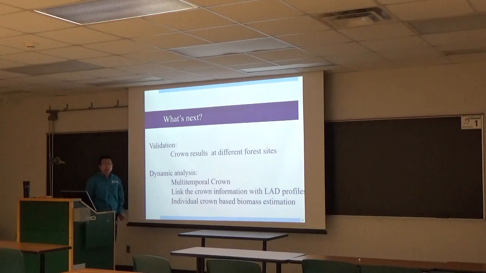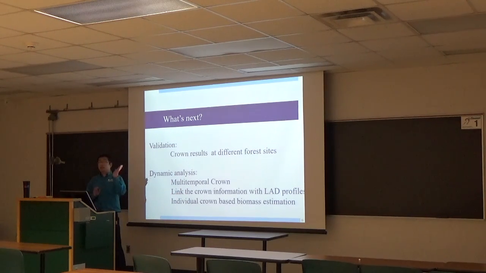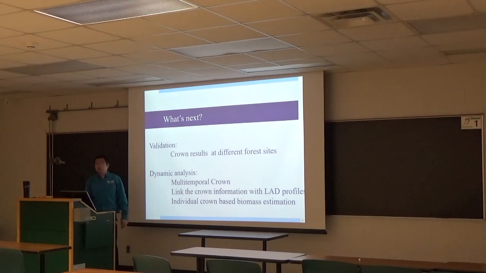I also want to link the individual tree crown information with the LED profiles, to see how much the tree crowns I delineate contribute to the LED profiles. And after we have the individual trees, I will work on individual tree-based biomass estimation to see if it is better to use individual tree level structure information for the biomass estimation.